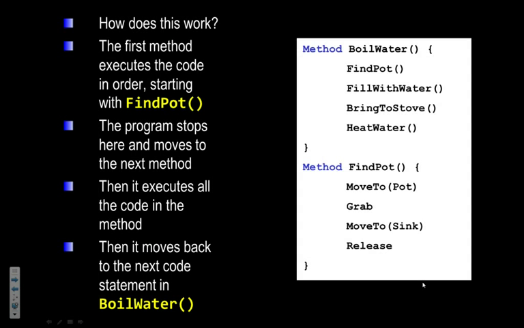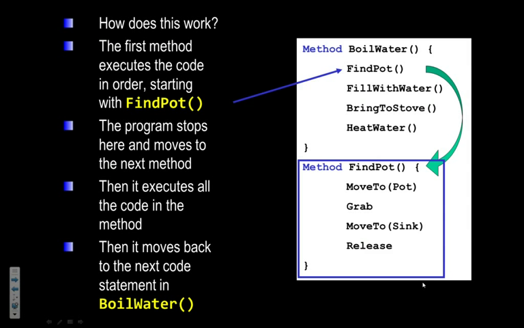How does this work? Well, the code basically works like that. So it goes in and tries to run this code called boil water. The first thing it encounters is this thing called find pot. What happens is the code stops right there, jumps down, and starts running find pot. So the second it gets to there, it jumps down and starts running this one.